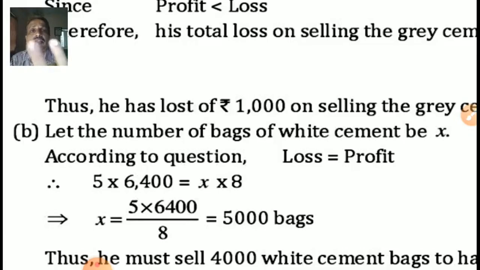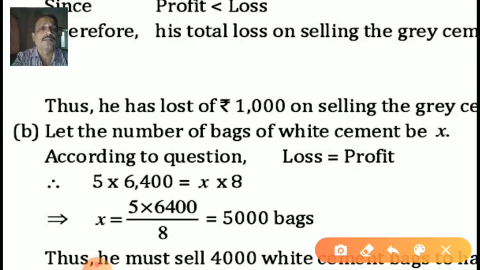This number is written this way and then we change the order. Or this 8 has to move to the different side. It is in multiplication. When it moves to the other side, it will give us division.